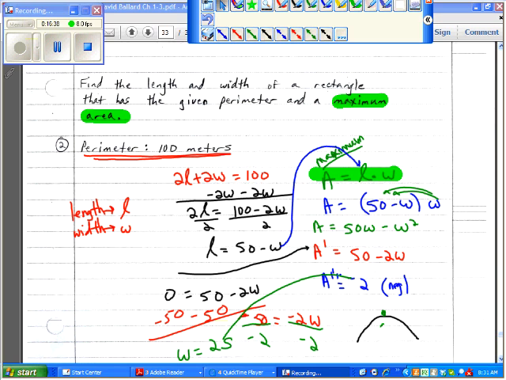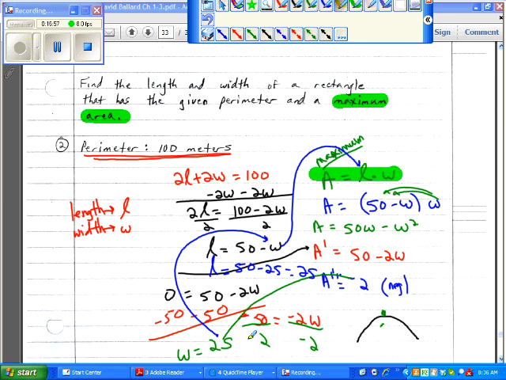If we want to know what the length would be, we can plug it in where we've got L equal. So the length is 50 minus the width 25, which is 25. This verifies what we knew before, that if we want to maximize the area of a rectangle, then we make it a square.